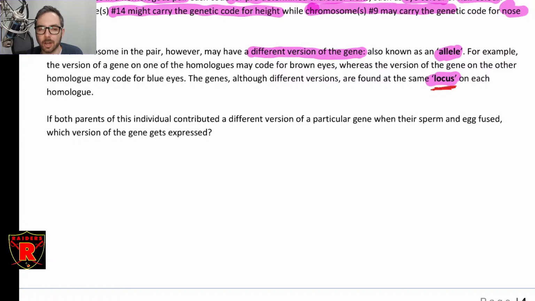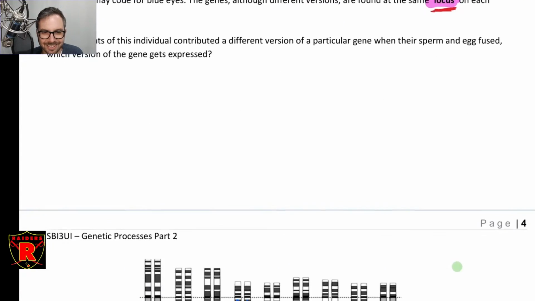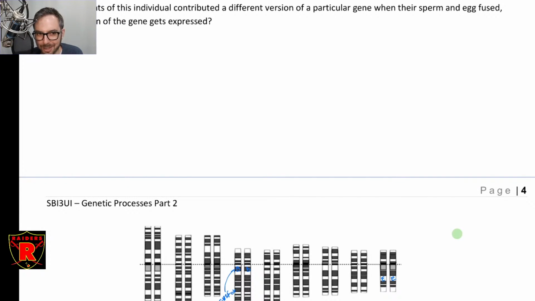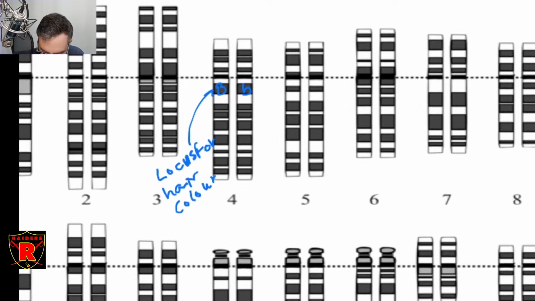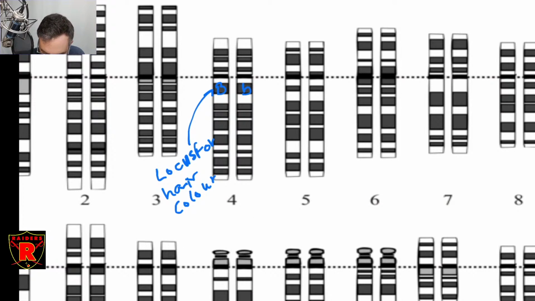So if you look at homologous pairs, at the same locus, the same place, you will find the same gene, but possibly different alleles, versions of genes. I realize that I'm saying these terms over and over again, but it's because they tend to get mixed up, and this is the core terminology. Anyway, here's an example: a locus, a location on a particular chromosome, and here's a homologous pair.